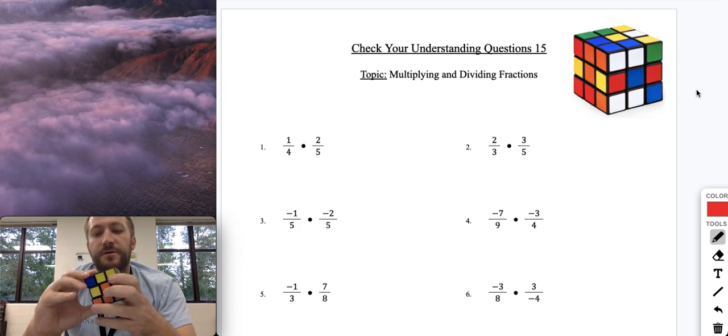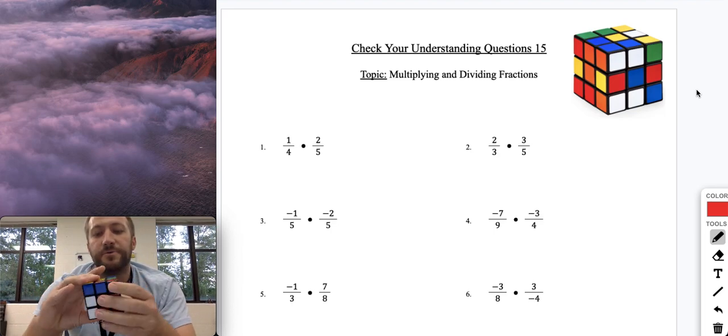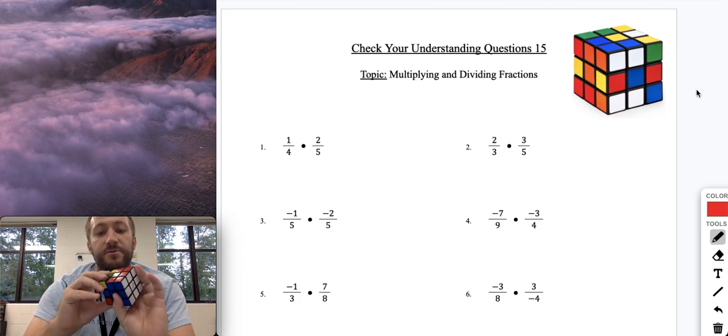Yeah, I learned how to do this maybe like 10 years ago. I had some time off during the summer after junior year of high school, and I was like, I'm gonna learn how to do the Rubik's Cube. I feel like so many people know how to do that. I want to learn how to do it. So I spent a good bit of time, maybe a couple of weeks, practicing a lot, trying to figure out how it works and how I could do it.